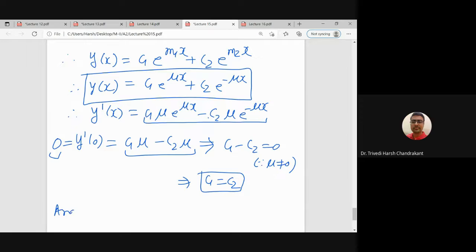And using the second boundary condition, that is y dash pi is 0, we again substitute x equal to pi, we get c1 mu e power mu pi minus c2 mu e power minus mu pi.